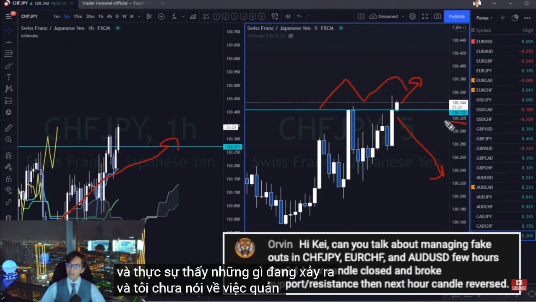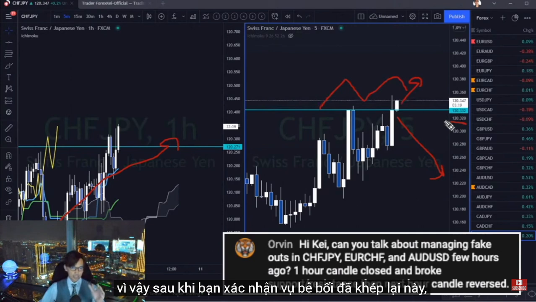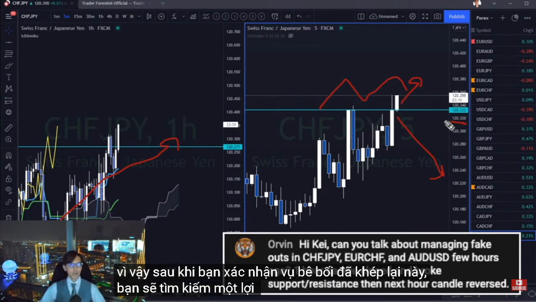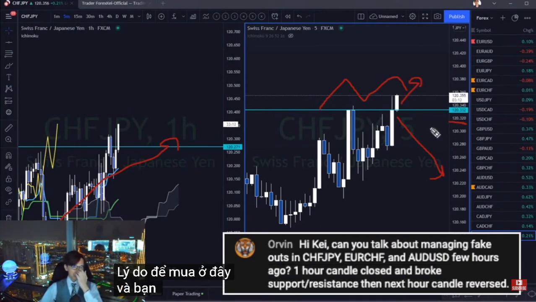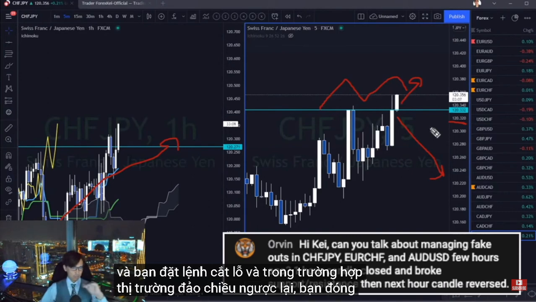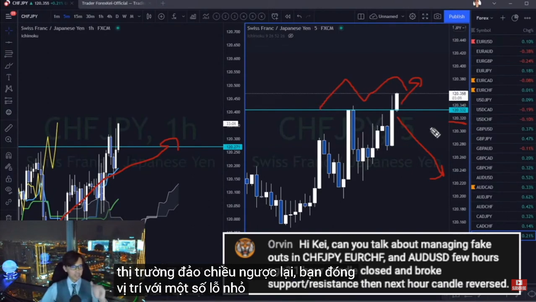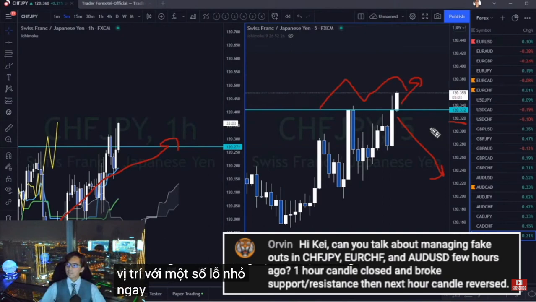And I haven't talked about risk management yet. After you confirm this close candle, you look for an entry edge, you look for the reason to buy here, and you place a stop loss. In case the market reverses backwards, you close the position with a small loss. Right?